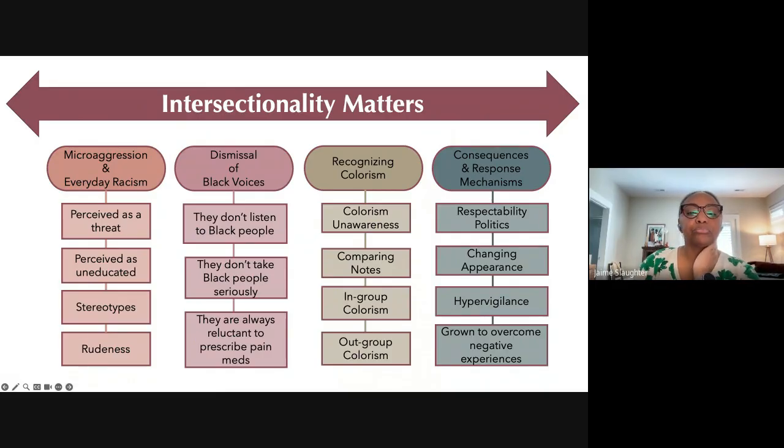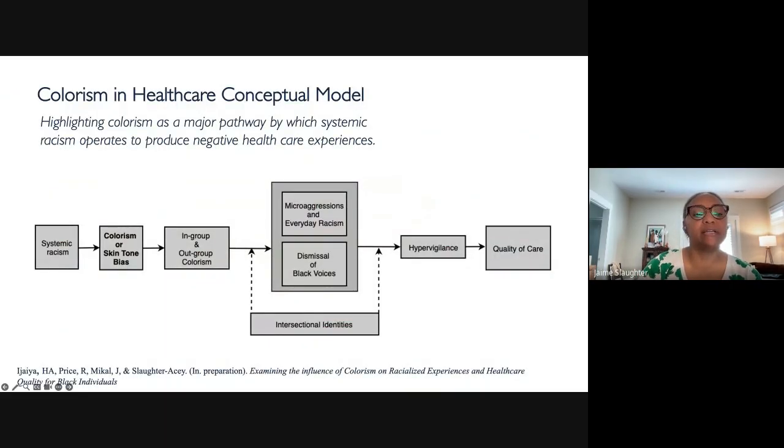And then we also identified themes around how people manage through these experiences or cope with these experiences. And hypervigilance was a reoccurring theme.